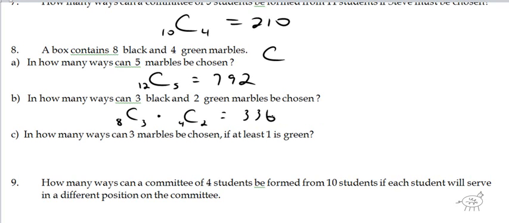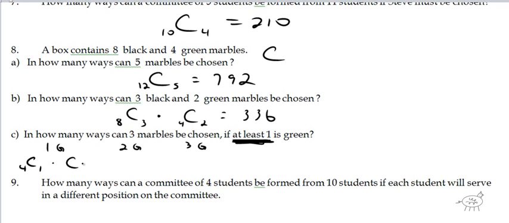C, how many ways can 3 marbles be chosen if at least, ding ding ding, at least, whoop whoop, sounds like a warning problem, if at least 1 is green. That's really, really important. So I'm picking 3 marbles, so it's either going to be one green one, two green ones, or three green ones. If I do one green one, there are 4 green marbles, and I'm picking 1.